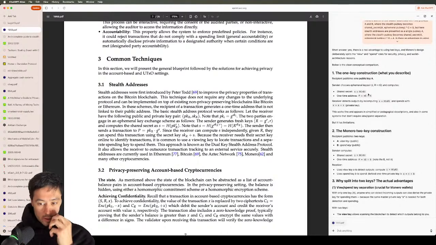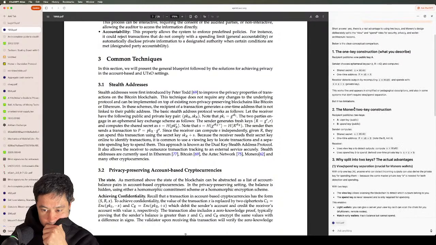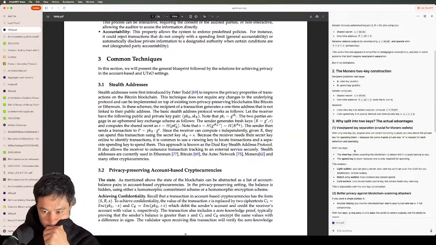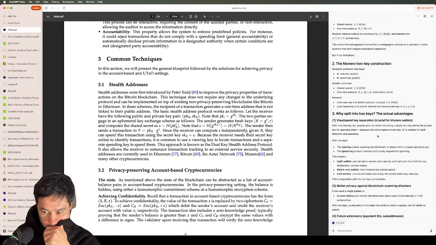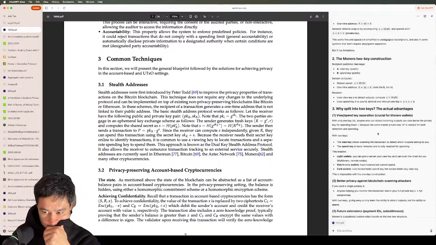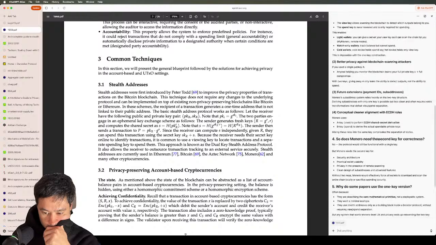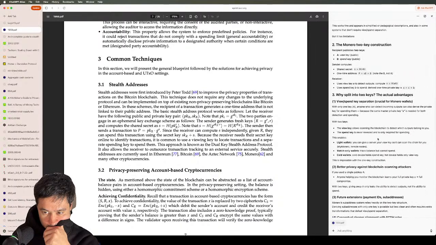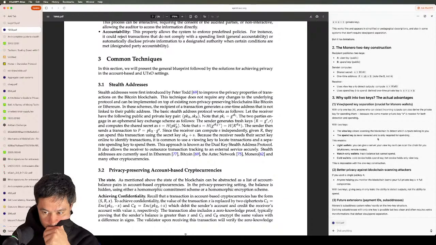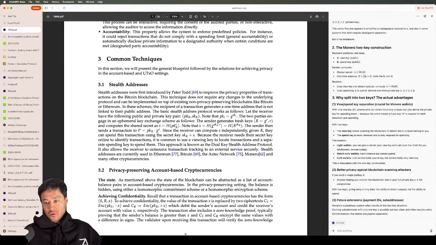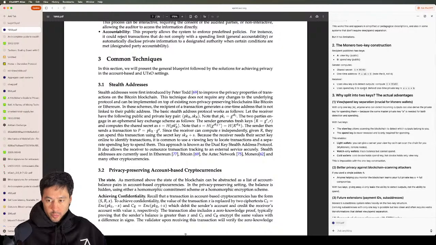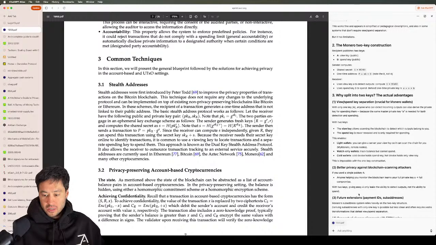I can't remember that. Oh, so if you know the private key of A, you can detect things, but you cannot spend because you don't know B. So there's a service that can, okay, interesting.